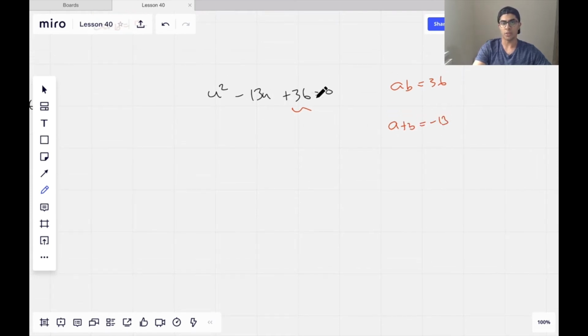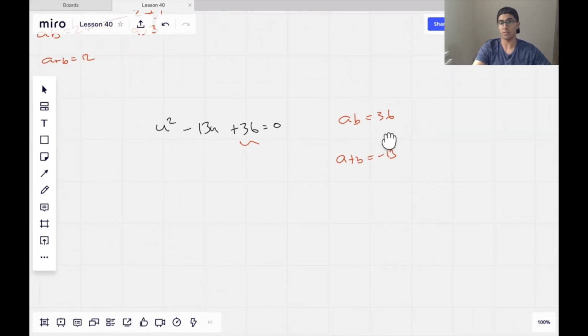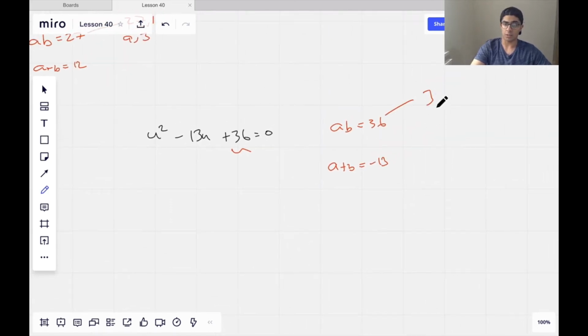Since 36 is positive and minus 13 is negative, we know a and b are both negative, because the only way we can get 36 as a positive number is if a and b are both negative or both positive. But two positive numbers can't add to a negative number, so a and b must be negative. So I think of minus 36 and minus 1, but those won't add to minus 13. 36 is a square number, so I think minus 6 and minus 6, that doesn't work.